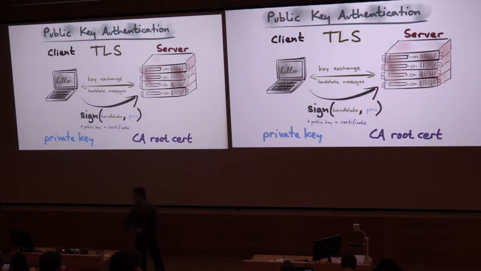It passes that signature, and along with it, the public key and the certificate. The reason for the certificate is that the server doesn't know the public key for all of the users up front, so it trusts the certificate authority to do the binding of user identifiers to public keys. But then the signature verification happens in exactly the same way.